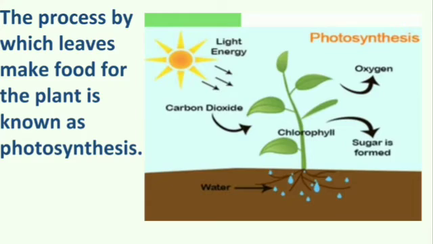And in the leaf, there is chlorophyll. So now, the leaf will make food for the plant with the help of sunlight, carbon dioxide, water and chlorophyll. And you know what? After making food, plants release oxygen.